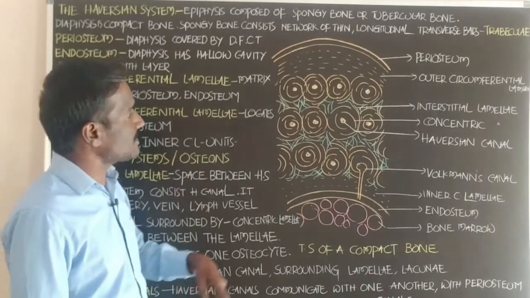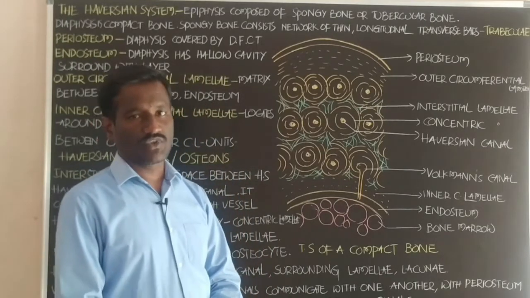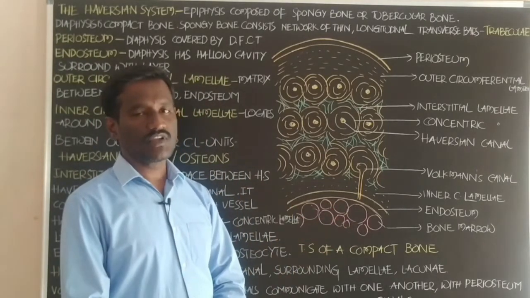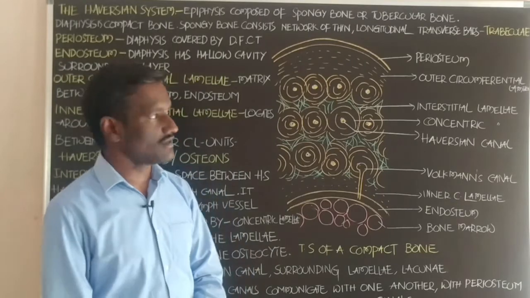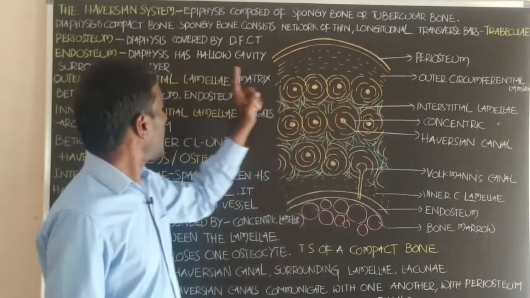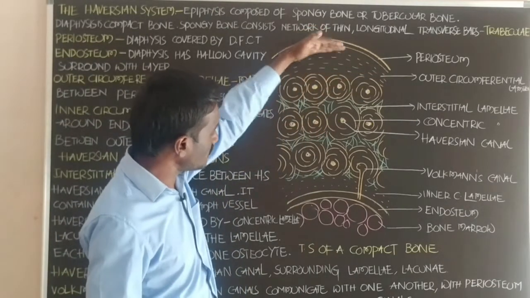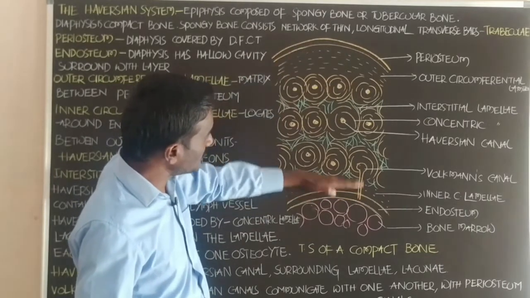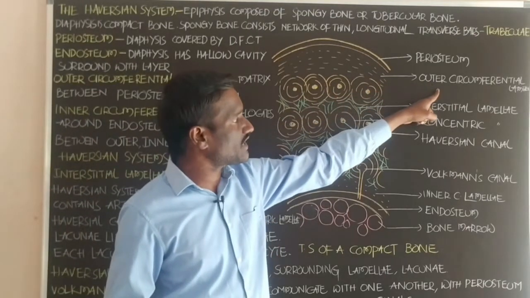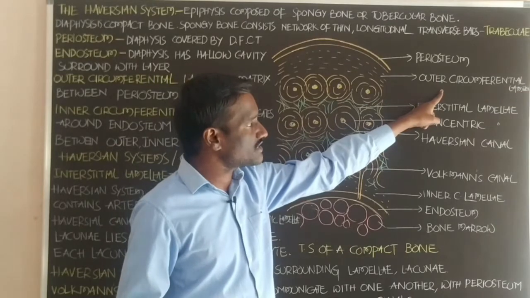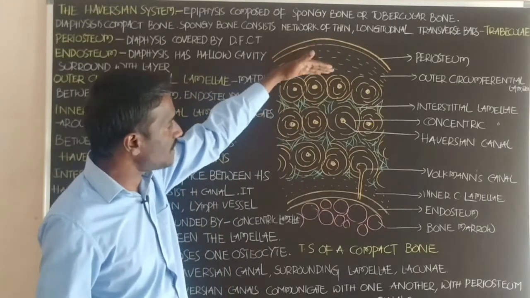Between the periosteum and endosteum, the matrix appears as the outer circumferential lamella, immediately beneath the periosteum.